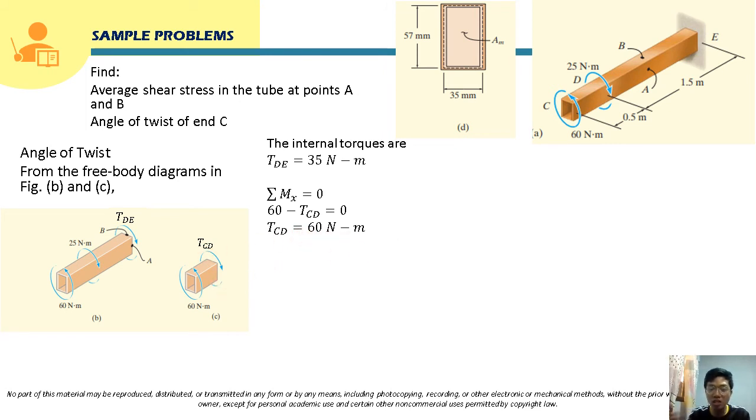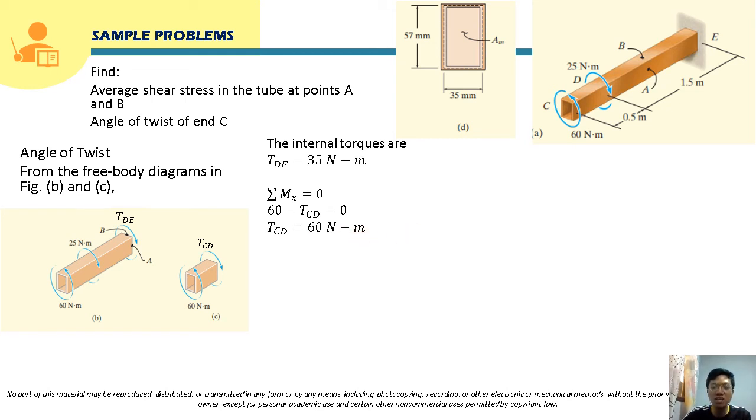And our assumption here, class, is clockwise. The answer here will be positive since the other torque here is negative, right? So this reaction torque, or internal torque, has to oppose that applied torque, which is 60 Newton meter. So our internal torque here will be 60 Newton meter.